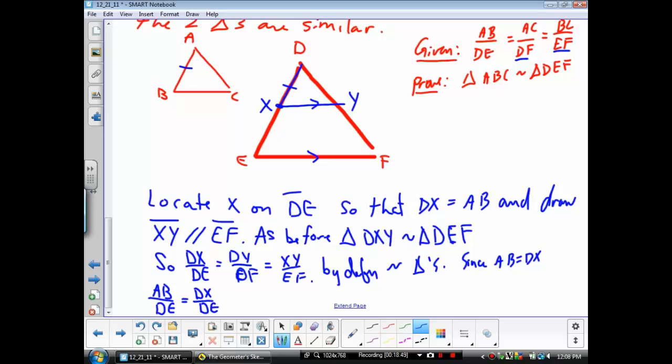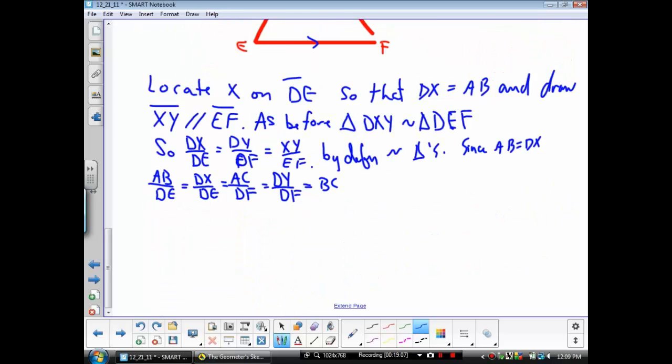I can state AC to DF next, and DY to DF next, and BC to EF next, and finally XY to EF.